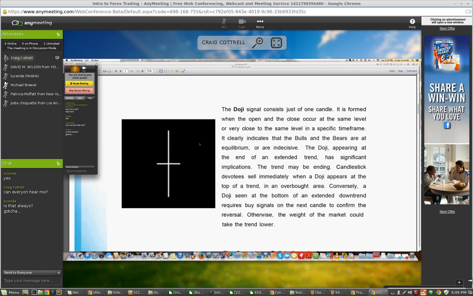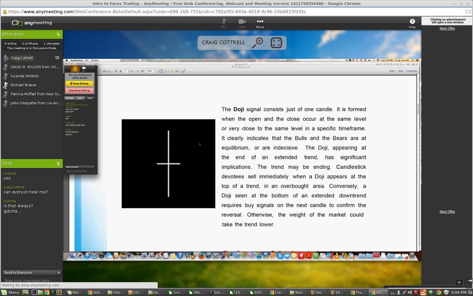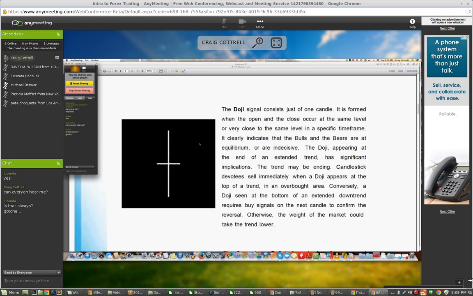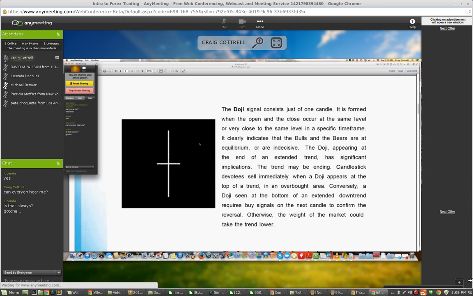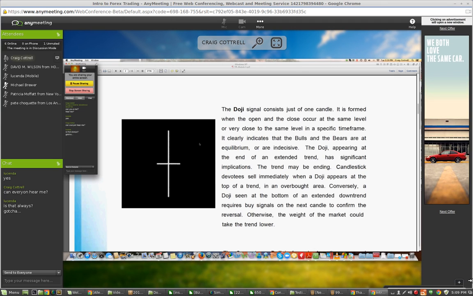The buyers are taking control of the market. And opposite, when the market is bearish, that means the prices are declining. That means the sellers have control of the market. So when you see a doji like that, it's usually indicative that the market's at an equilibrium, it's indecisive. Let's take a step back and see what the next candles bring us.